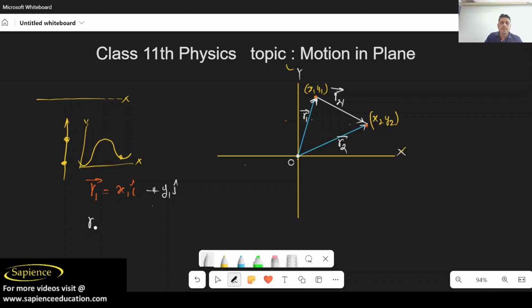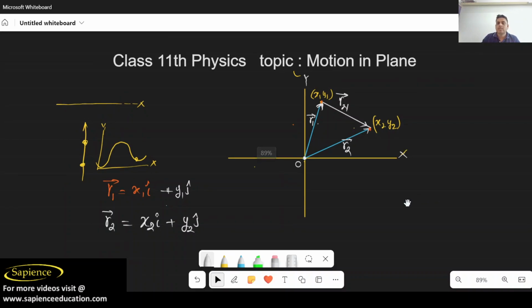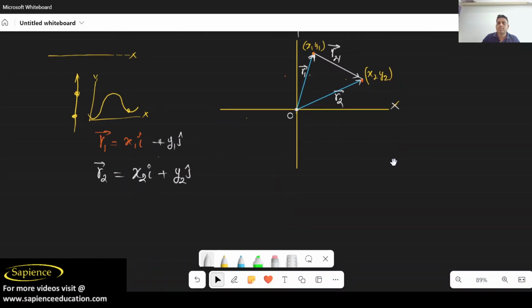And if I tell you the position R2, R2 is what? x2 i cap plus y2 j cap. So these two vectors represent the positions. So if I want to find the displacement between these two positions, how will you find it? How will you find the displacement between these two positions?